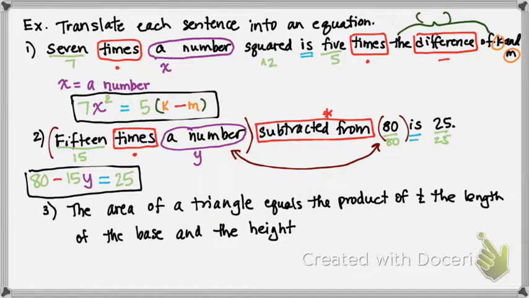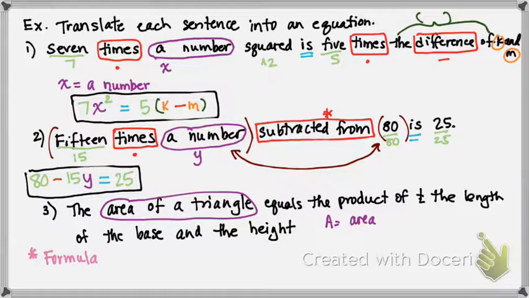So, in case you hadn't figured this out, this is what we call a formula. It's telling me that there is a relationship between area, the length of the base, and the height. So we actually have 3 unknowns in this problem. Area of the triangle, and I'm going to say area, but I'm going to put parentheses of triangle.